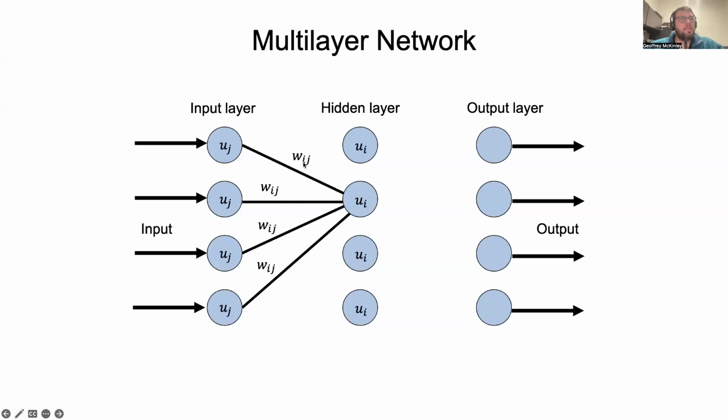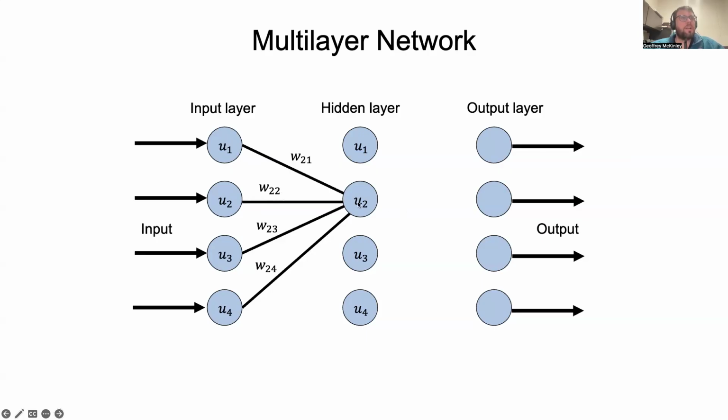And the weights can be thought of as weight ij. So if we say it's unit two, weight two one is sending activation from unit one to unit two.